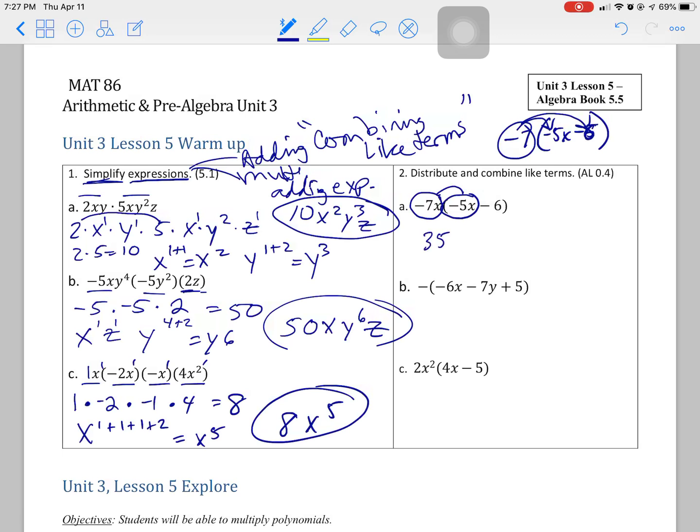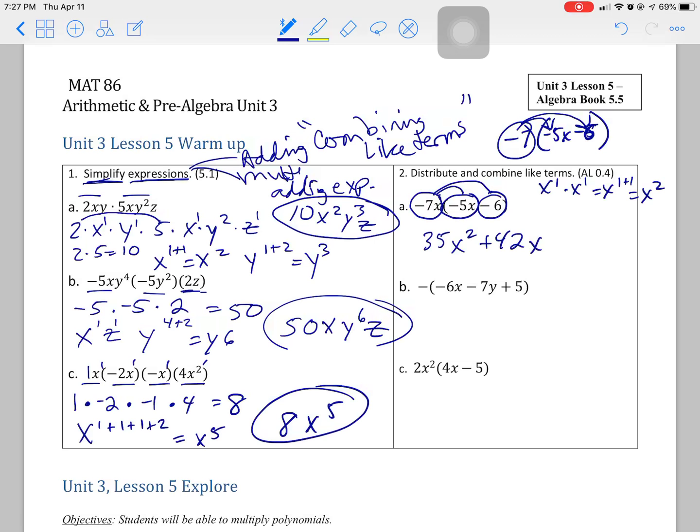And then the x's, x to the 1 times x to the 1 equals x to the 1 plus 1, is x to the 2. Okay? And then this times this, negative 7 times negative 6 is a positive 42. And then that x comes along. I just have one of them.